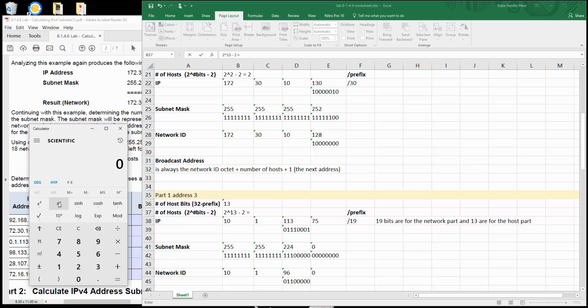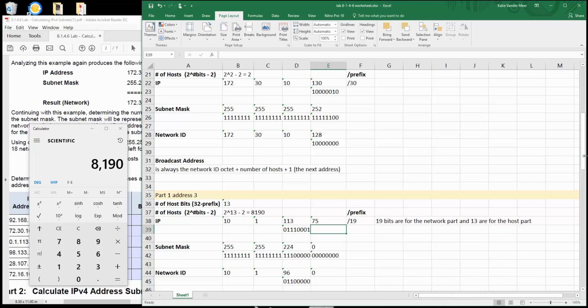See this x over y? That's how you can raise 2 to any number. So let me clear myself out. And then 2 to the power, and then I hit this button, x to the y, and then I want to raise it to the power of 13. And that's 8,192 minus 2. And there's my answer. 8,190. Okay.